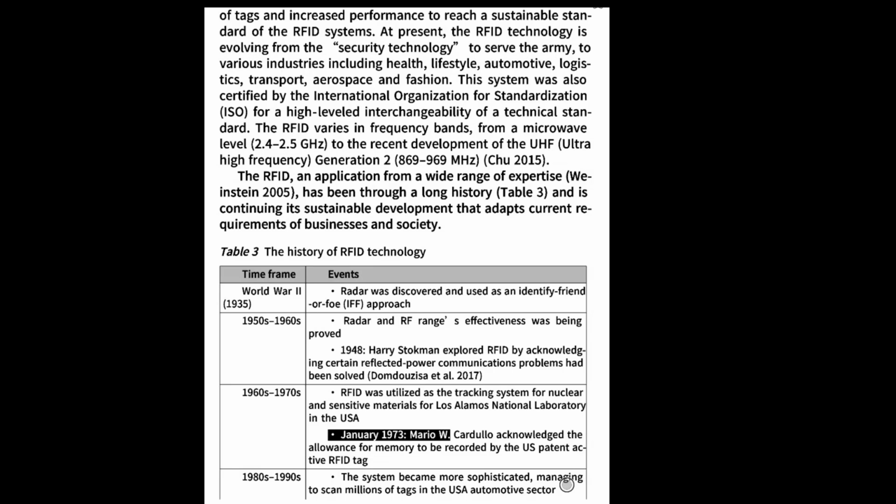January 1973: Mario W. Cardullo acknowledged the allowance for memory to be recorded by the U.S. Patent Active RFID tag.